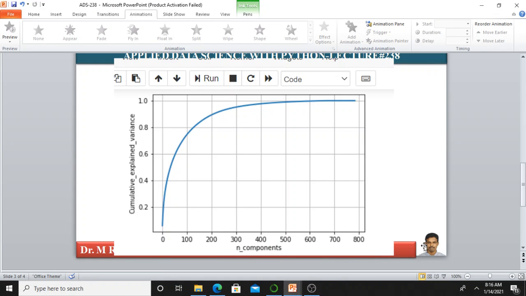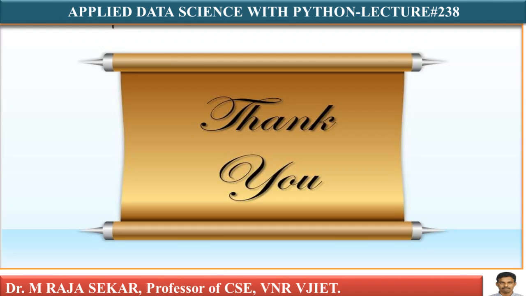In the case of principal component analysis, we have one drawback: if you want to visualize data using PCA, we have seen that there are many overlaps. In order to overcome that difficulty, we have a good machine learning technique known as t-SNE, which I will discuss in my next lecture. Thank you very much.